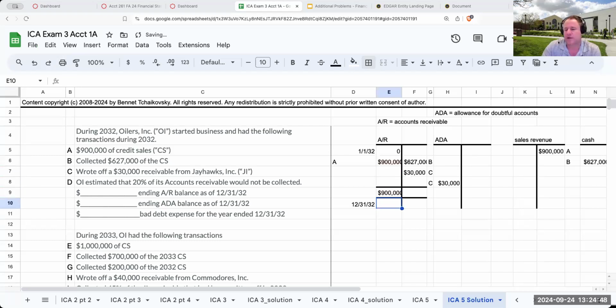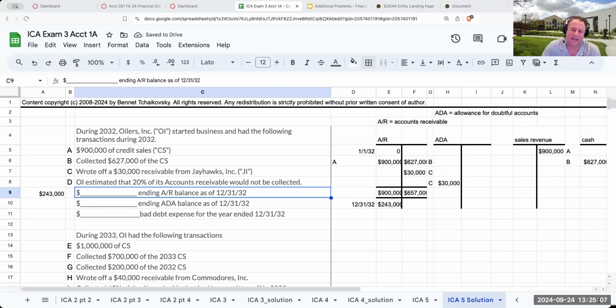Well, I had credit sales of 900,000. I had collections of 627. I wrote off receivables of 30. So my ending balance in accounts receivable is going to be 243,000. So right over here, that is going to be my ending accounts receivable balance.